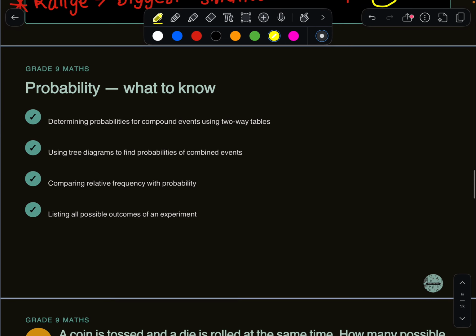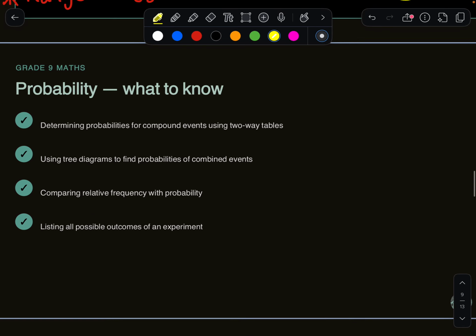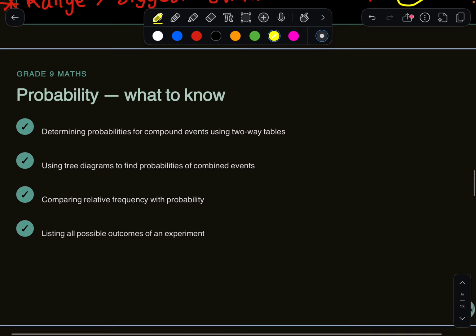Also this term we are looking at probability. So we are going to be looking at probability for compound events using two-way tables. We're going to use tree diagrams. So the tree diagrams kind of look like something like this. You'll see them. Be like, if I throw a coin, I could get heads or I could get tails.